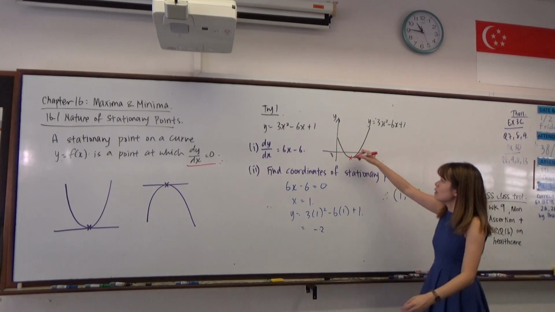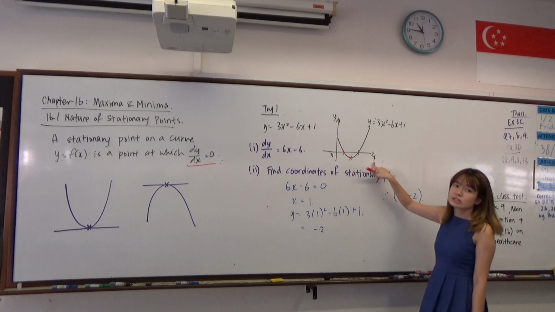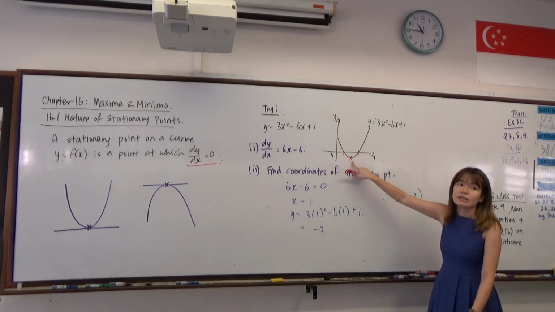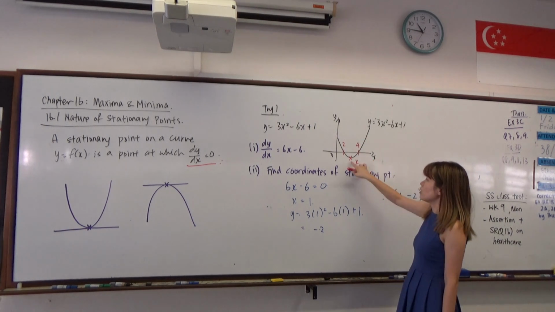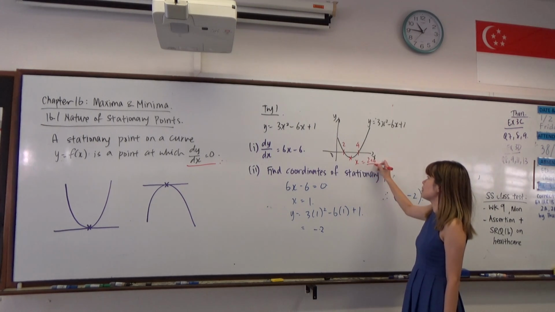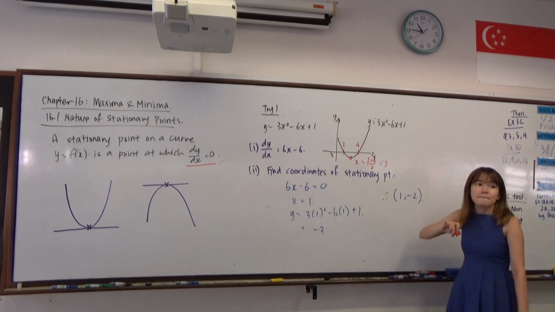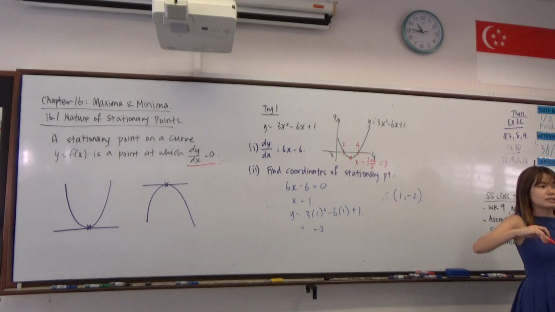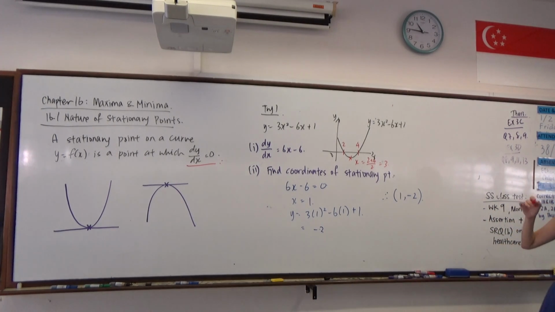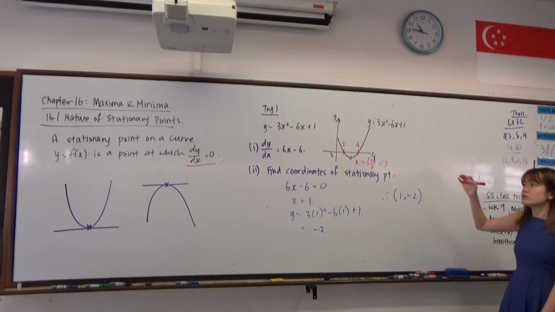So we find the intersection with the x-axis, then we find the midpoint. If these were, for example, 2 and 4, the x-coordinate would be 2 plus 4 divided by 2, so that will be 3. Then we can substitute x equals 3 into the equation to find the minimum point. So this is one way.